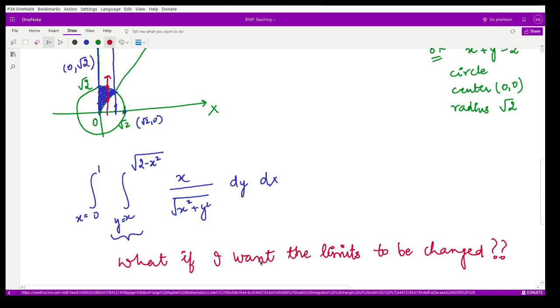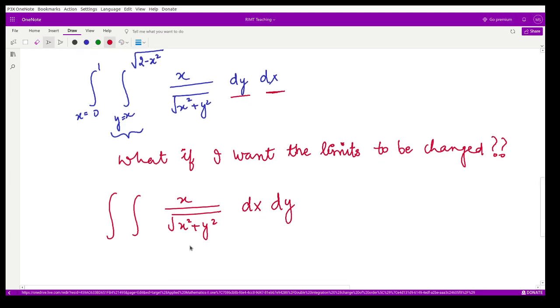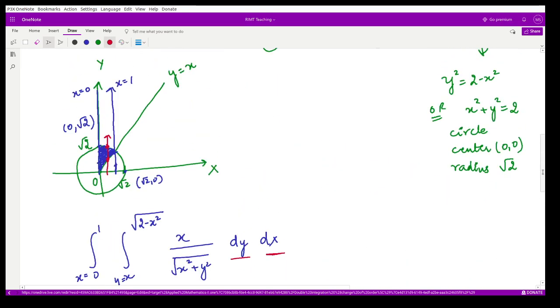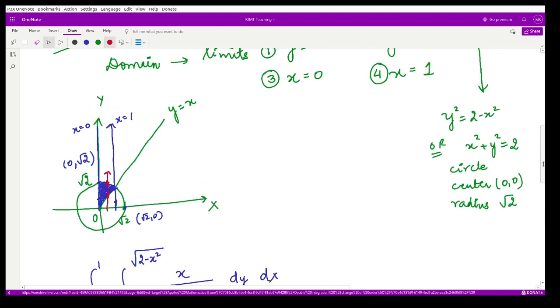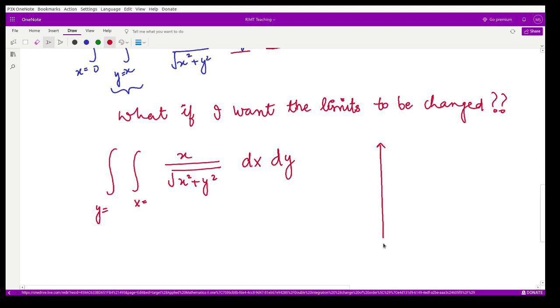That means I'm looking for the integral where the function remains the same, there is no change in this function, but the role or the order of x and y changes. So that means you have to write the limits of x here and the limits of y here. So the region would be the same obviously, but now the direction of this vertical line would change into the direction of the horizontal line.